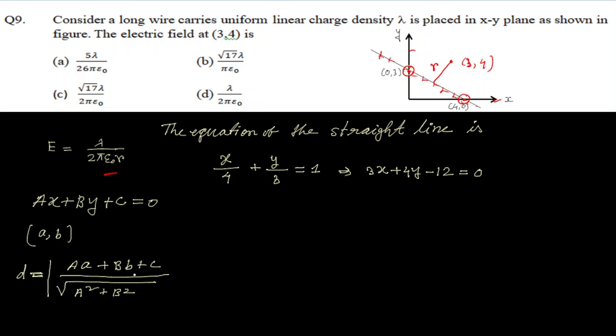Distance is always positive, so we take the mod. This gives the perpendicular distance of the point from the straight line.